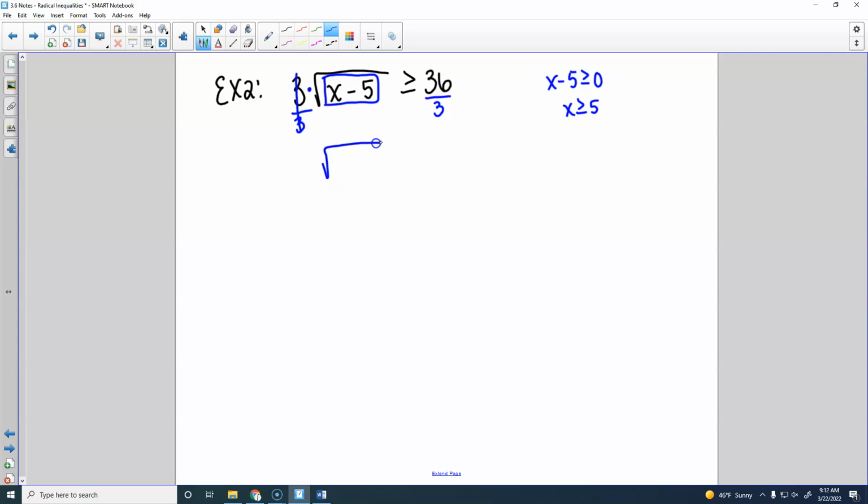So we're going to have the square root of x minus 5 is greater than or equal to 12. Okay. Grace, what comes after that? Yep. So we'll get x minus 5 greater than or equal to 144. And then Hallie, what's the last step on that?